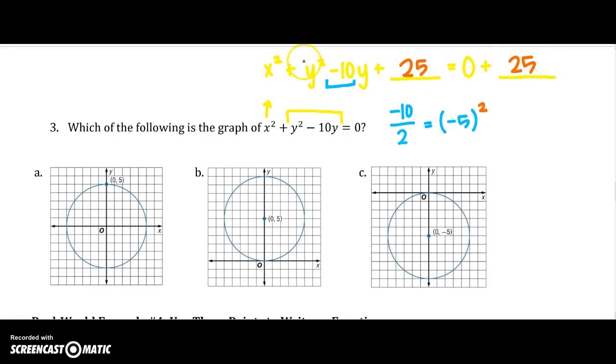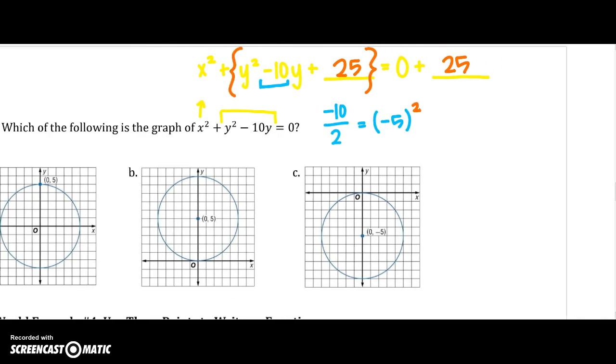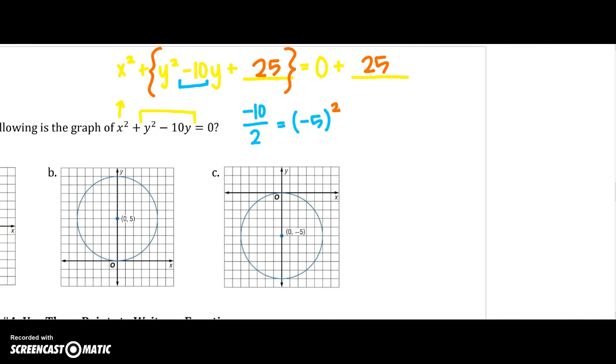Now I do that because I want to factor or get this into parentheses. So what do I do next? I'm going to take my x squared plus, to complete the square, it actually becomes y minus 5 squared is equal to 25.